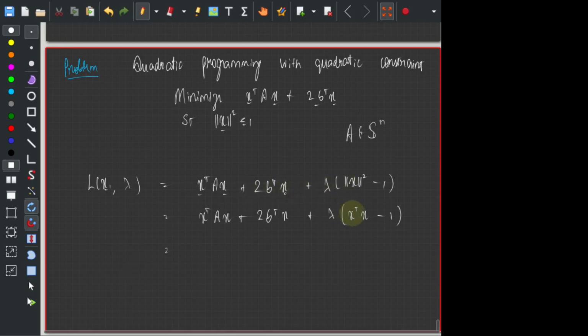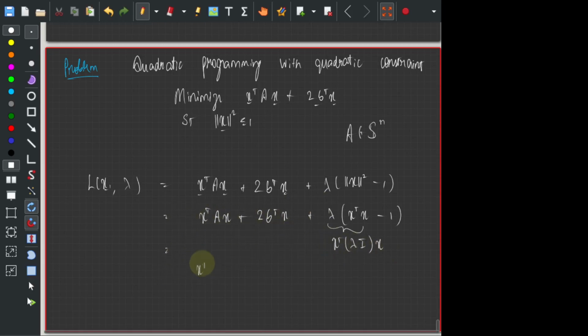I can write this lambda times x transpose x as x transpose lambda I x, just so that I can club these two terms together.